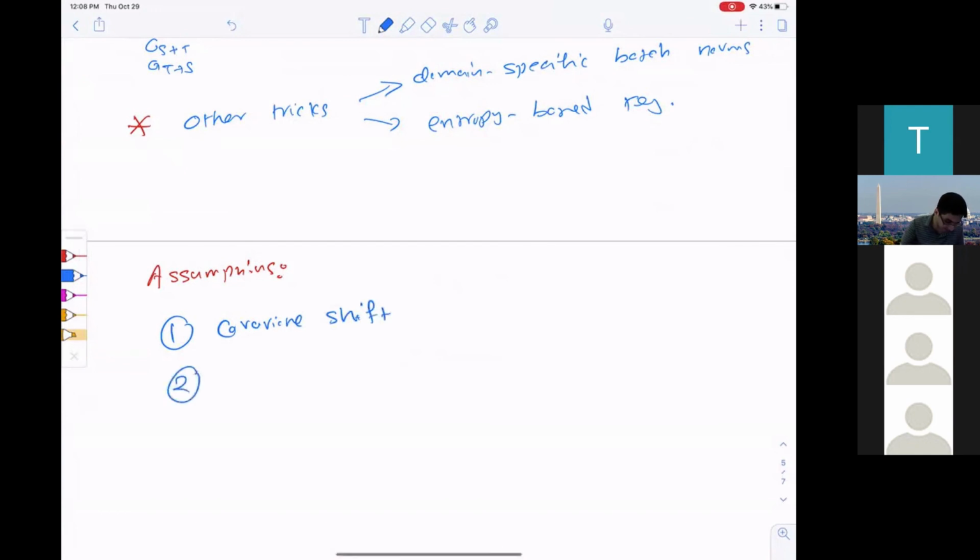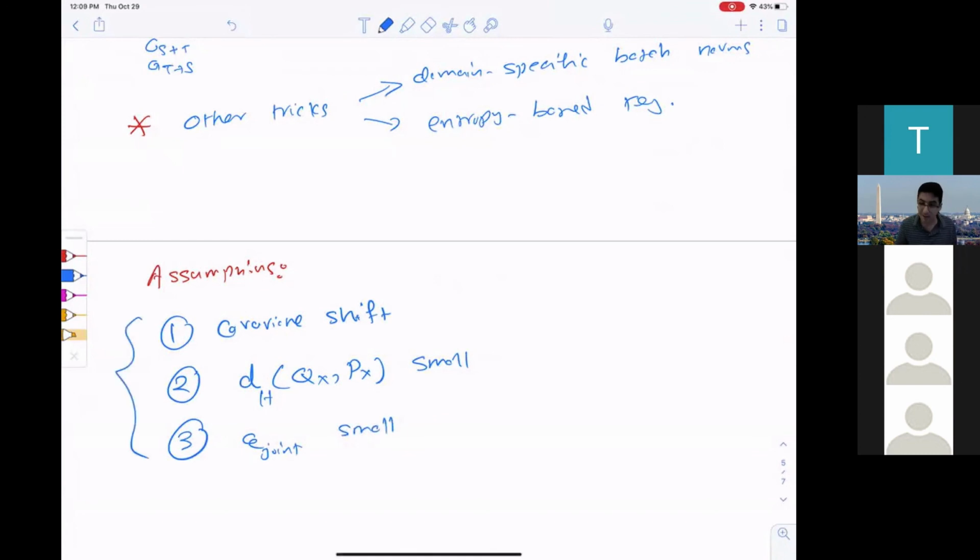The second was that the divergence between my source and target distributions should be small. And the third was that if I had labeled target samples and included them in my training, the joint error should also be small. So these are, roughly speaking, the three practical assumptions we have in hand.